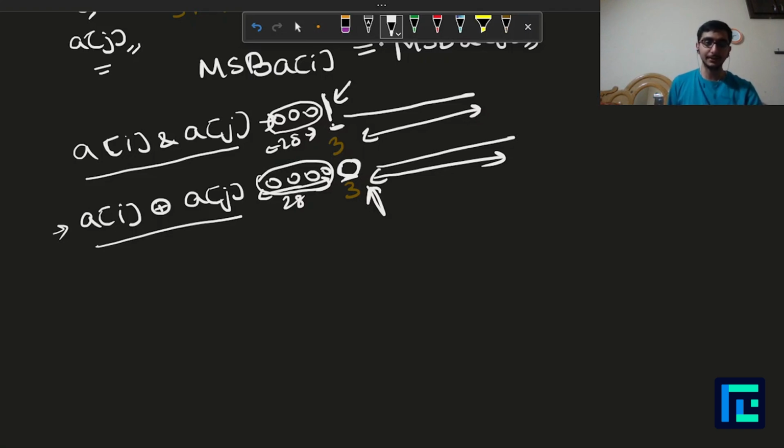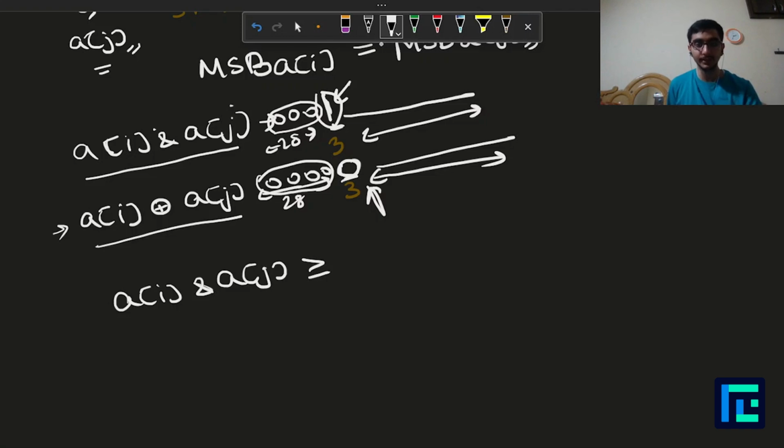And at the first bit where they differ, A of i bitwise AND A of j has a 1 there. So can I say from my earlier theorems that A of i bitwise AND A of j would be greater than or equal to A of i XOR A of j? Can I say that? Actually, this would be a greater than, but again, it would satisfy the inequality, right? If it is greater than, it is also greater than or equal to.